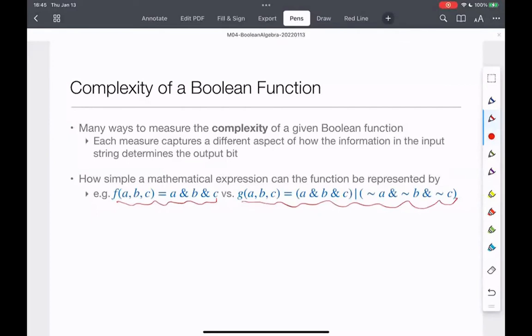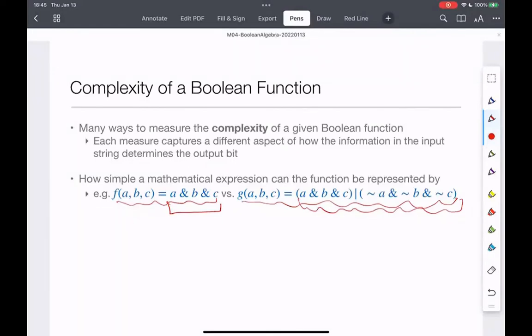One way I can say is that the left function is simpler. Clearly, when I'm writing it, it just has fewer literals, just ABC, and fewer operators. Whereas the right one has a lot more. It has 1, 2, 3, 4, 5, 6 literals, and it's doing 4 AND operations and an OR operation. So it's doing more operations also.